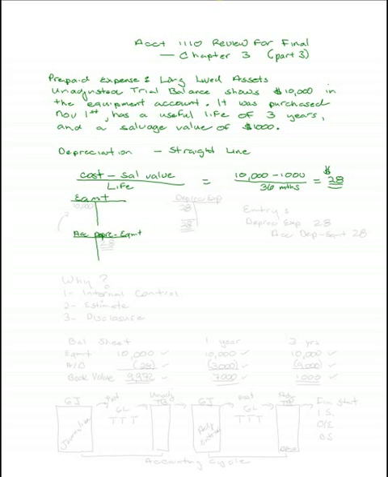The definition of a contra asset is an account which relates to another account that adjusts that account balance to be more correct. Well, we have $10,000 in equipment, and we need to adjust it to show we're using it through the period. These are the balance sheet accounts. The income statement account that this relates to is depreciation expense.